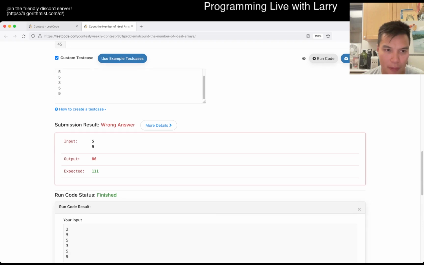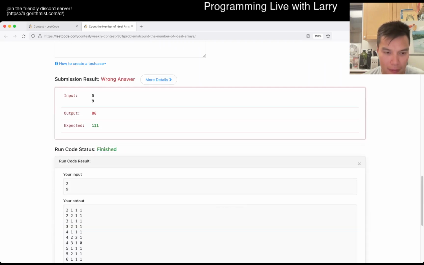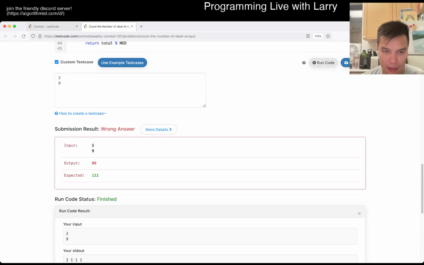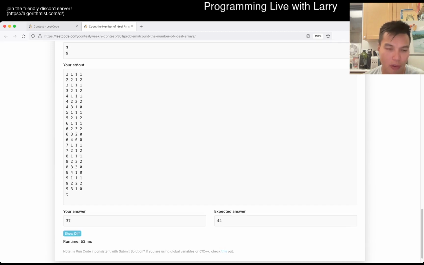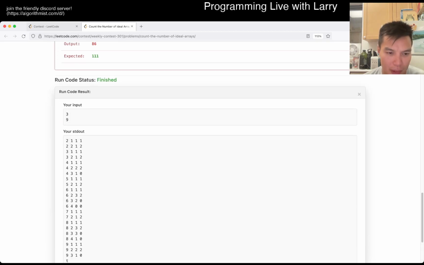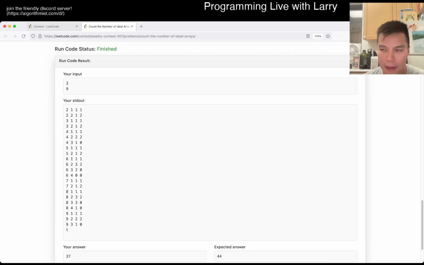Okay, so 5. Let's try a smaller number to see, like, is this right? This is right. Okay, let's say we have 3 numbers and 9. Okay, so this is wrong. This is good because now we have a smaller example to go by. So we have 3 numbers. Max value is 9. Right, so with 9 we have 3 numbers.